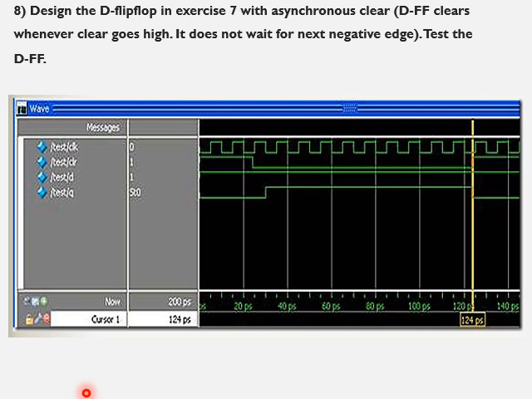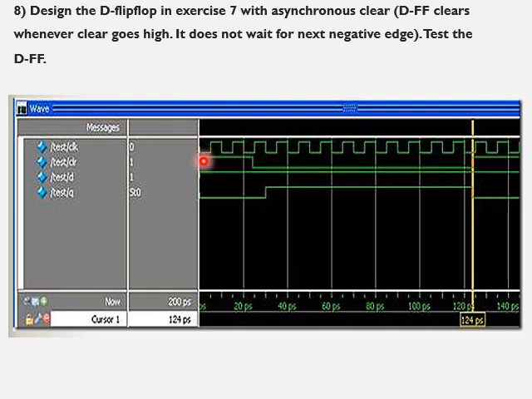Coming to the output of this, the stimulus block will be the same as what we have written for the D flip-flop with the synchronous clear. The stimulus block does not change. We have generated the clock with a clock period of 10 time units, as in the previous example as well.